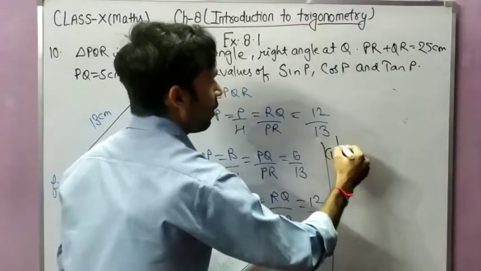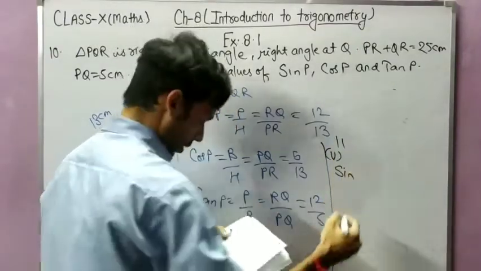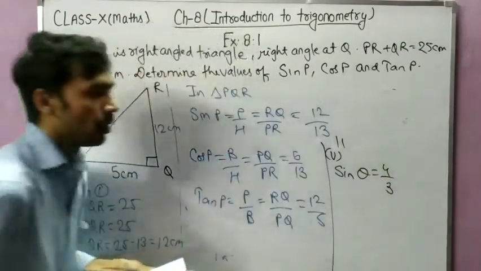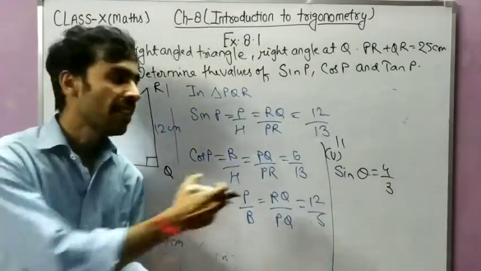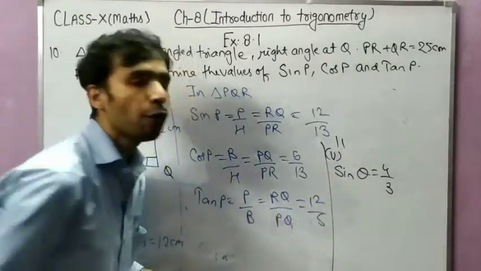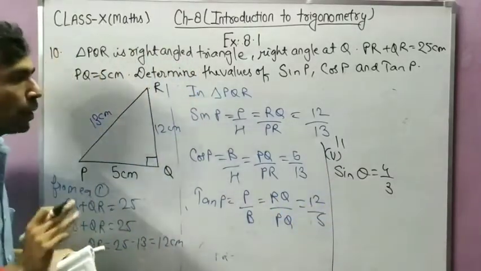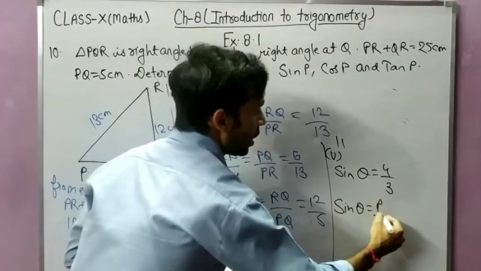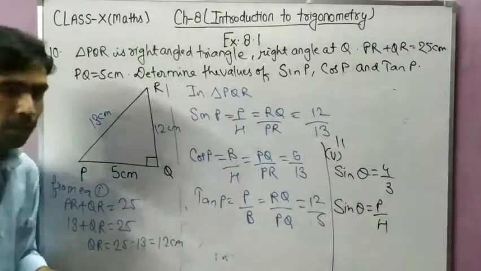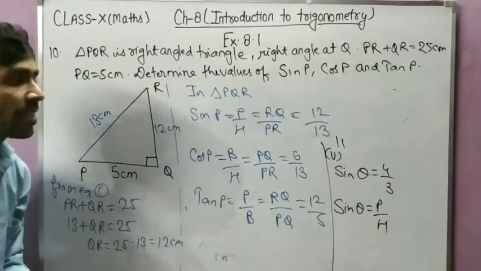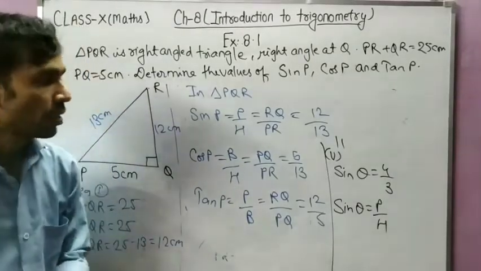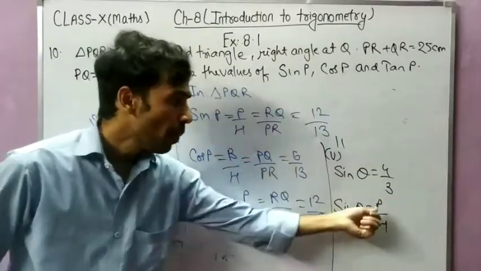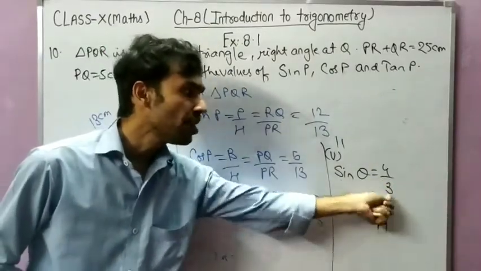In the fifth part it is given that sin theta equal to 4 by 3. Now how can I directly say it is wrong? Okay? Now look, the definition of sin theta is perpendicular upon hypotenuse. So when you compare this with this, you can see that perpendicular is 4 and hypotenuse is 3.